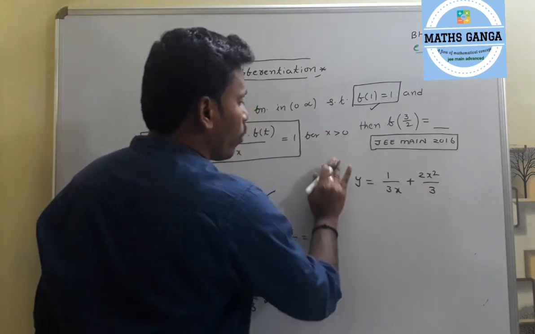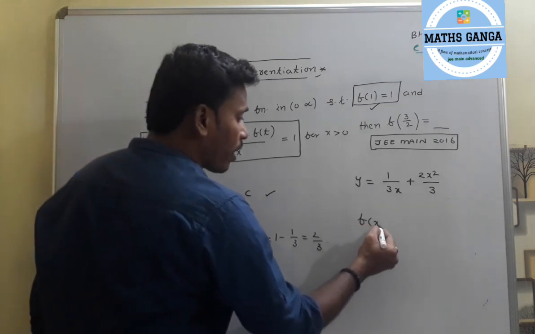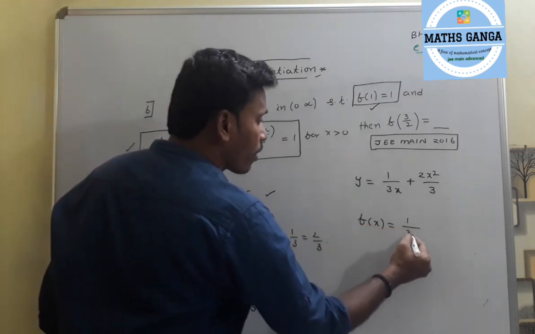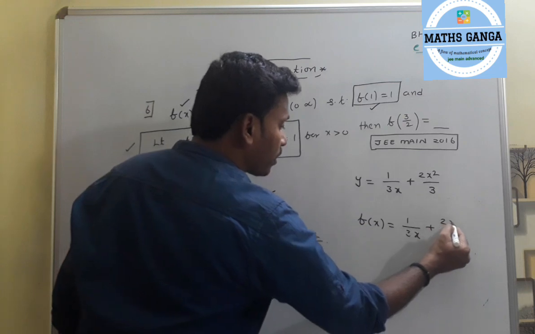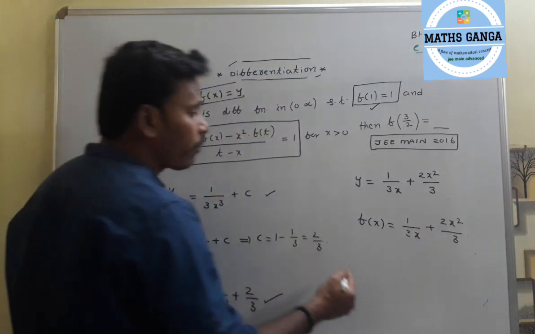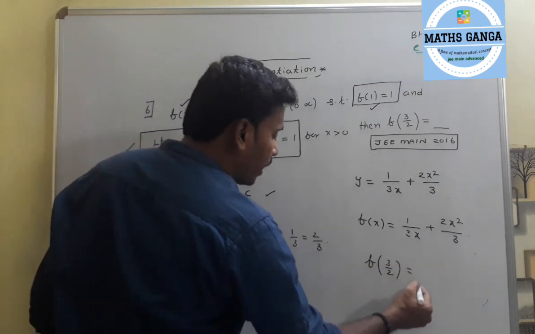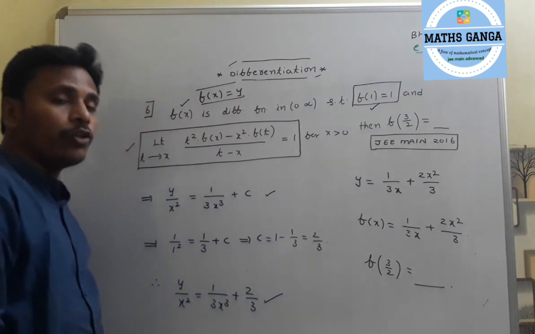So y is equal to 1 by 3x plus 2x square by 3. Y is f of x. So finally we have f of x is equal to 1 by 3x plus 2x square by 3. But the task is to find f of 3 by 2. Replace x with 3 by 2 and get the value. That value is your answer.